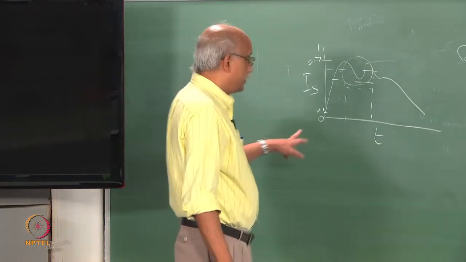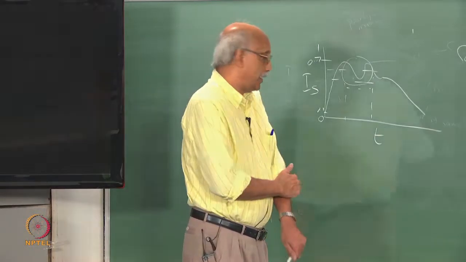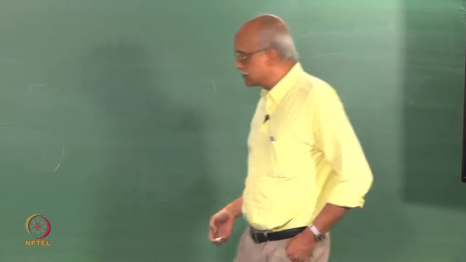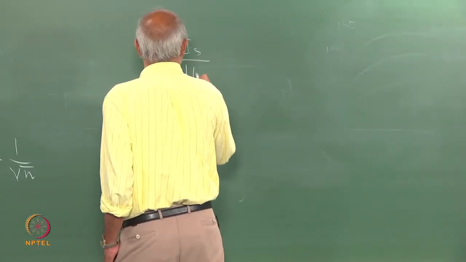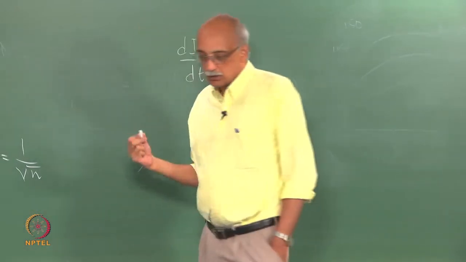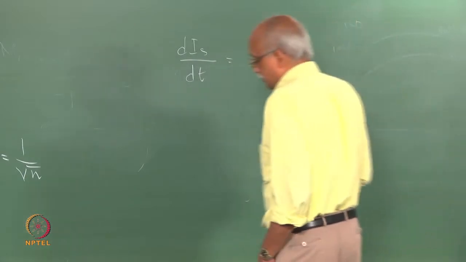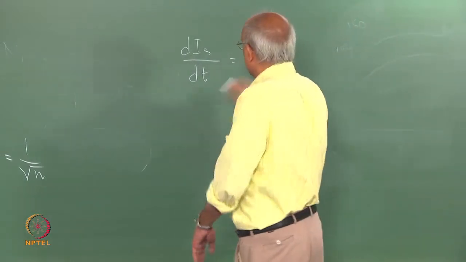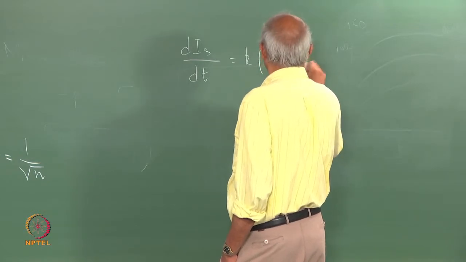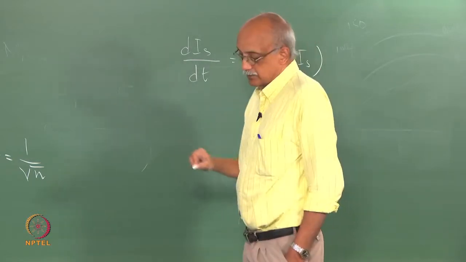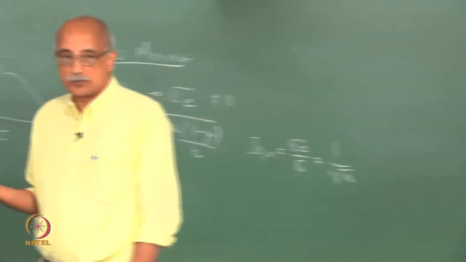Now, if you look at the rate of mixing in this case, how would you define it? Just like we did with the paste, you can define dIs by dt, but in this case you can actually give it a mathematical expression, because you know that the equilibrium value is 1, and you know the driving force for any process is the deviation from equilibrium.